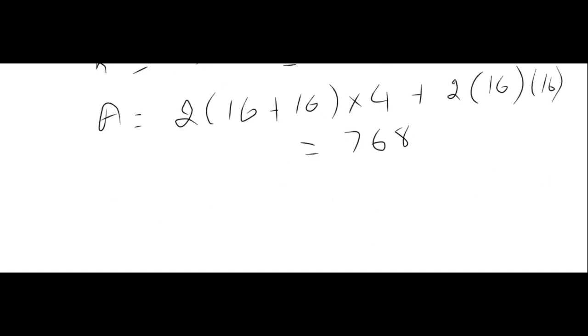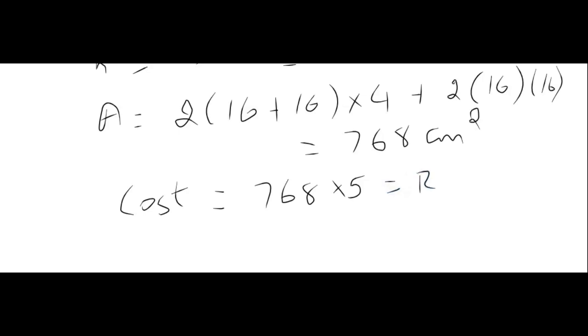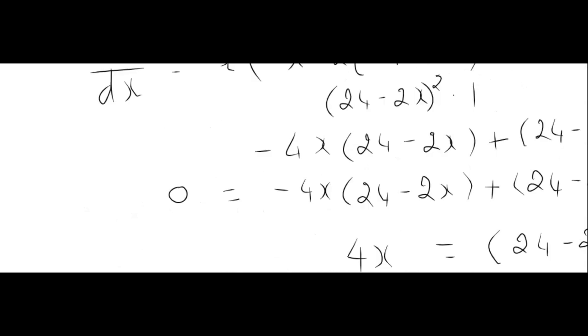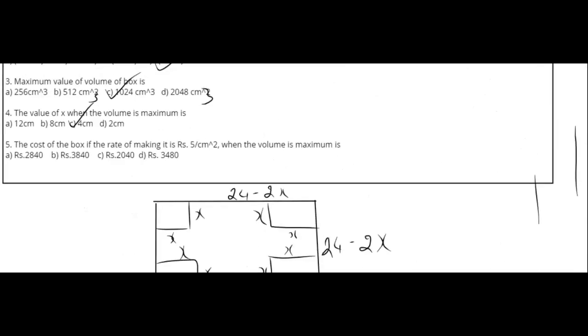So this is 768 centimeters square. So therefore, cost is equal to 768 into 5, which is equal to rupees 3840. Let's see which option is correct. Option 3840, option D is correct.